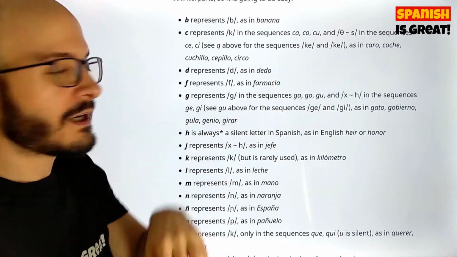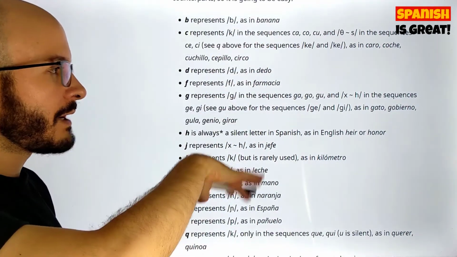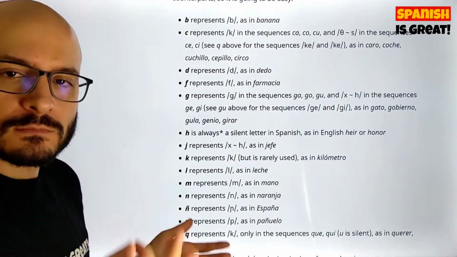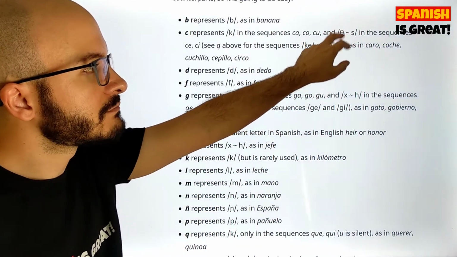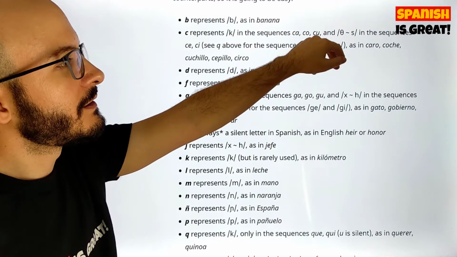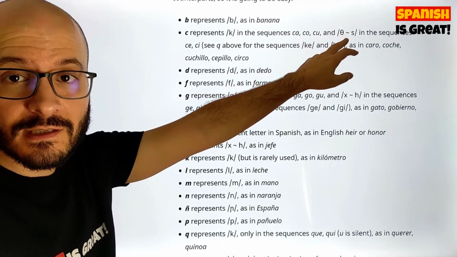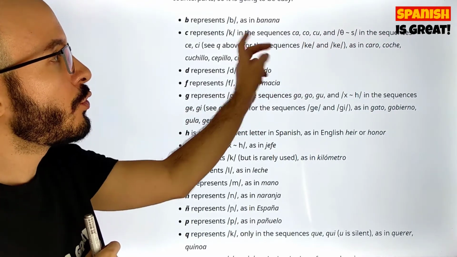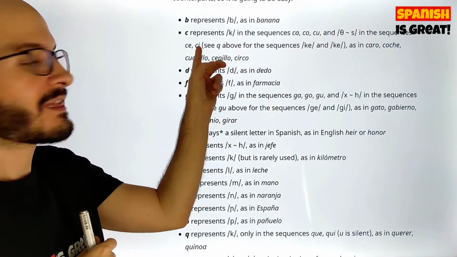Here I'm using these phonetic symbols. Most of them are quite easy, it's not going to be hard, but some of them you might not know. So now we learn that this kind of thing represents the sound for think, which also exists in Spanish, okay? So, ka-ko-ku, and then thi.